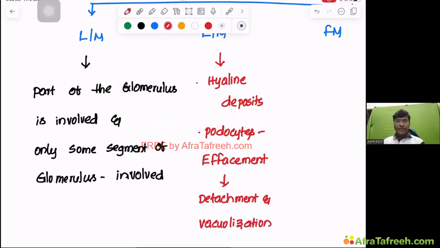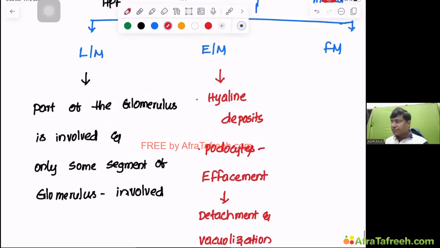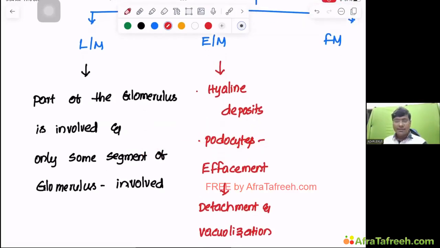So that will be the abnormality in the electron microscopy.